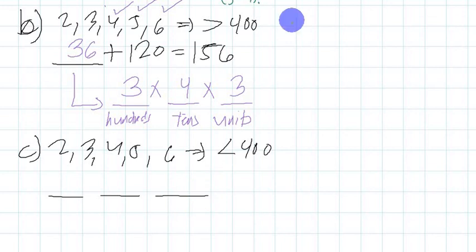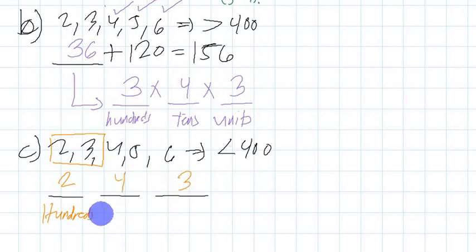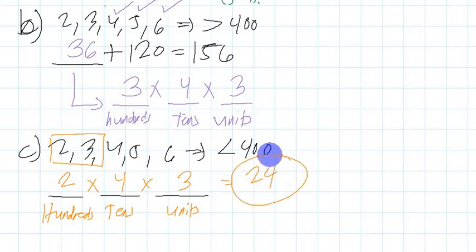For the number to be less than 400, we only want these numbers, so there are only 2 possible numbers in the hundreds place. Then the rest can follow: 4 in the tens, 3 in the units. Multiplying by the fundamental principle of counting, we have 24. So there are only 24 3-digit numbers less than 400. And those are examples of linear permutation.